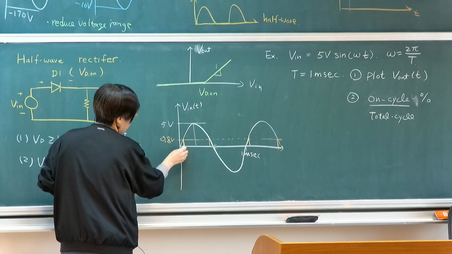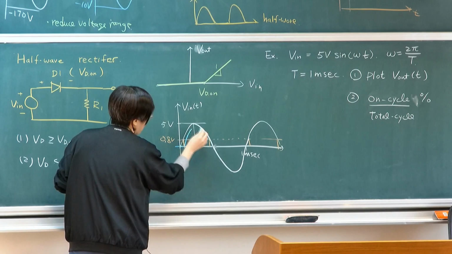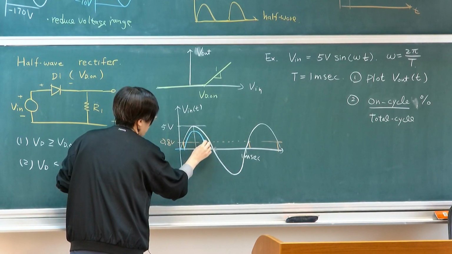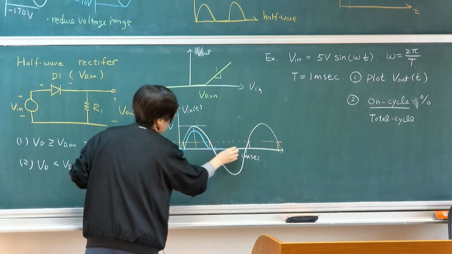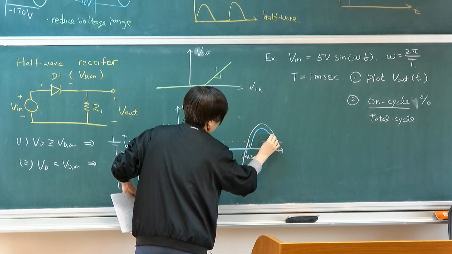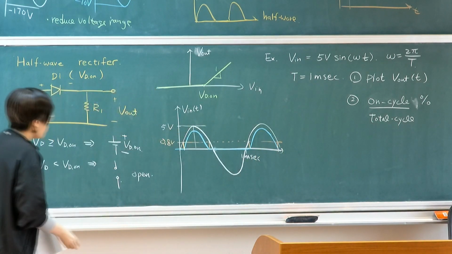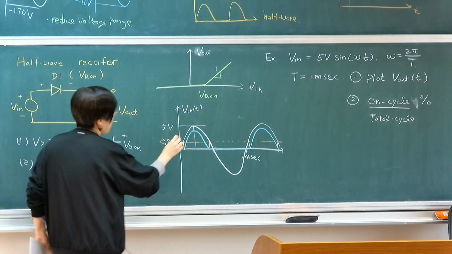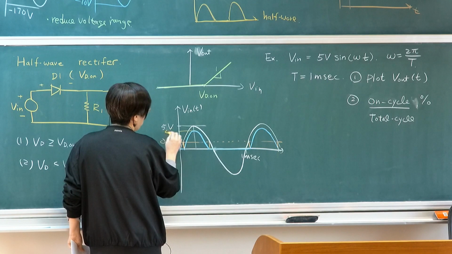It will look flat before 0.8, and it will follow, looks like this, and then it will be flat, and then it will follow all the way to here. So the difference between the two, there's a small difference. So the peak level, you should be able to highlight the peak level, it should be 4.2 volt.